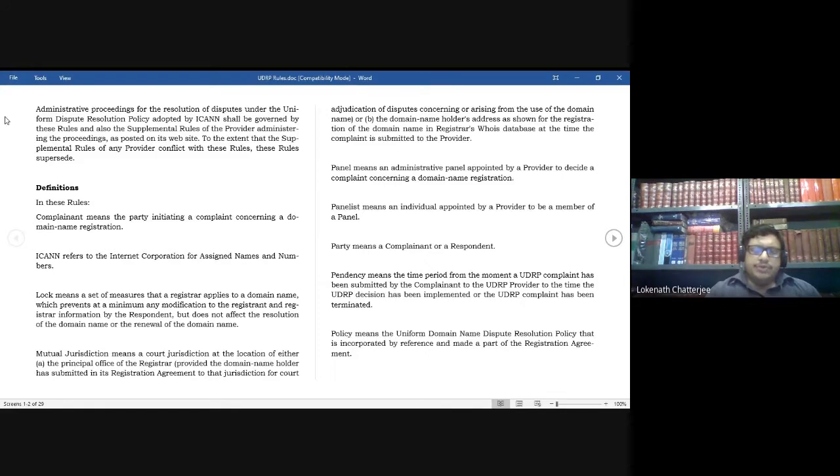Now, mutual jurisdiction, where principal office of the registrar is, provided the domain name holder has submitted disputes to adjudication, or the domain name holder's address. So that's the mutual jurisdiction. Panel would be an administrative panel appointed by a provider. So this is what we were discussing. What does a panel mean? It is an administrative panel essentially.